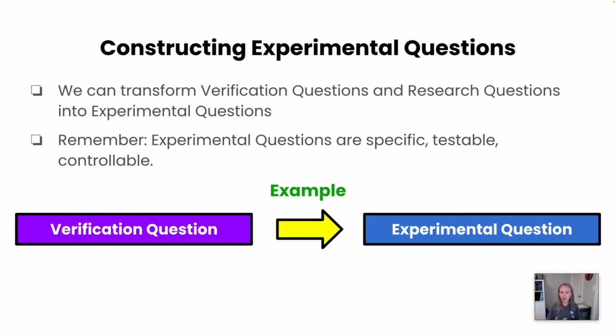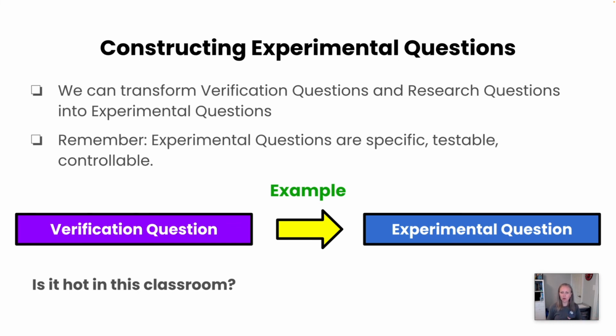Experimental questions should have one dependent and one independent variable, and should have a related hypothesis. So if you need a refresher on variables, actually, that's coming up in the next lesson, so not to worry, but you'll learn a bit more about variables as we go on.